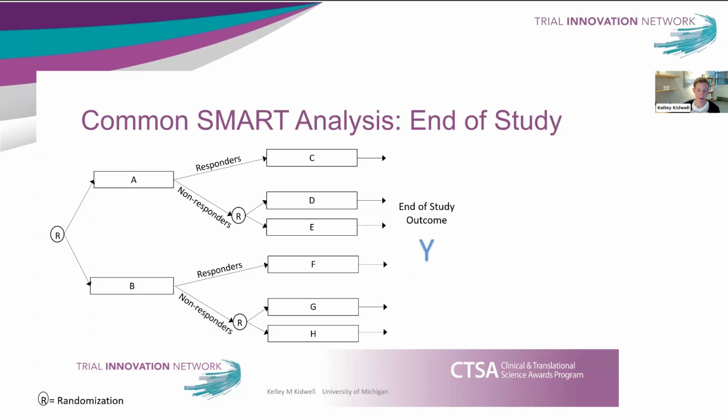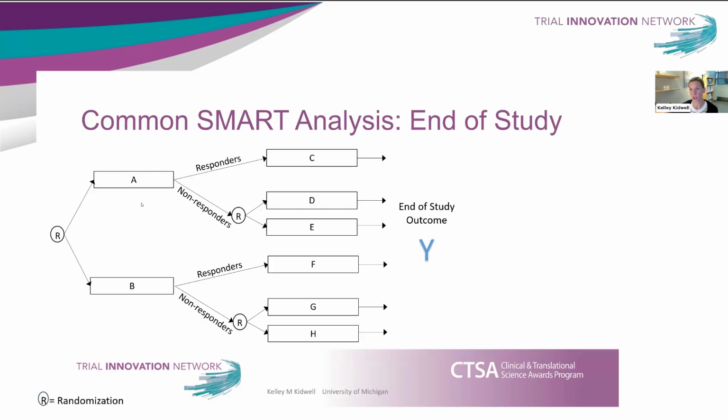Now, when we first get introduced to SMART designs, the primary analysis which is introduced is the end of study analysis. So we think about, well, there's some outcome measured at the end of the second stage, this end of study outcome, which I'll call Y, and we're going to see how that entire sequence affects that outcome.